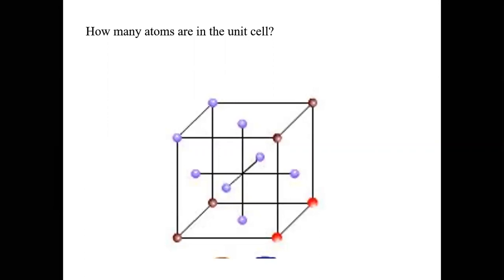We want to know how many atoms are in it. So we have to refresh from what we know about unit cells. When an atom is on a corner, it's only 1/8 of an atom, because remember that there are 7 other unit cells that touch that atom. So an atom on a corner is 1/8.